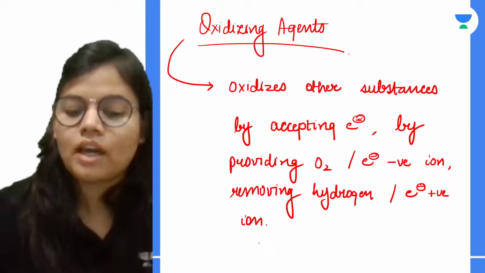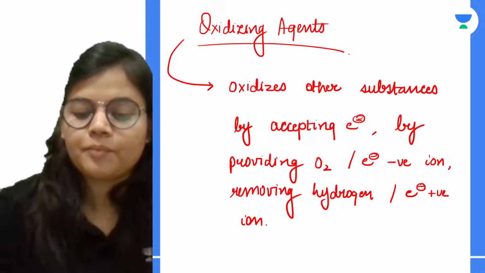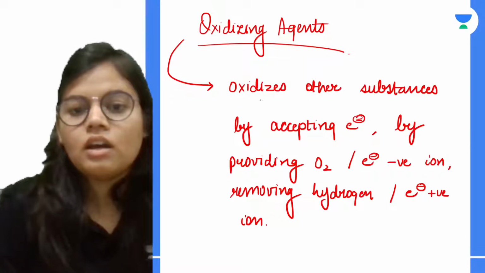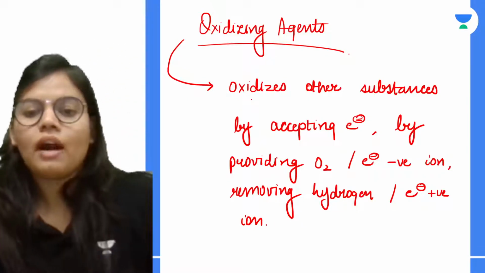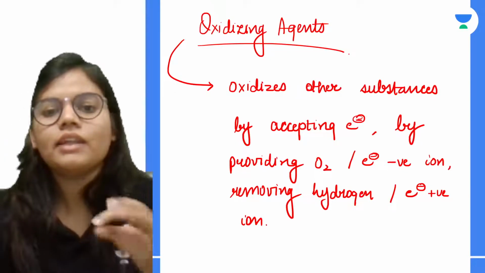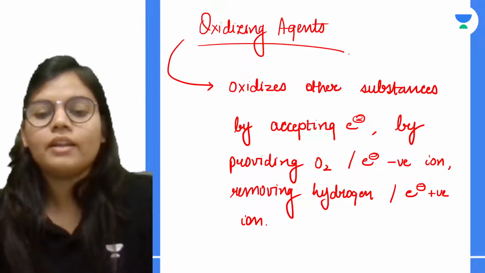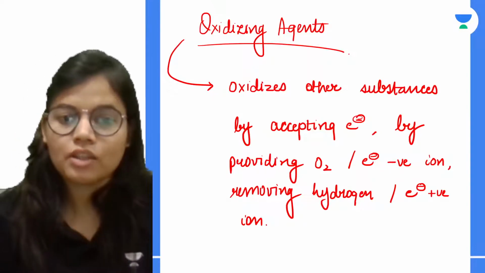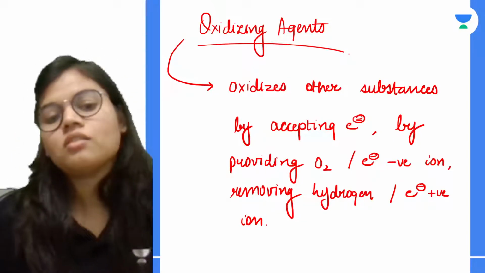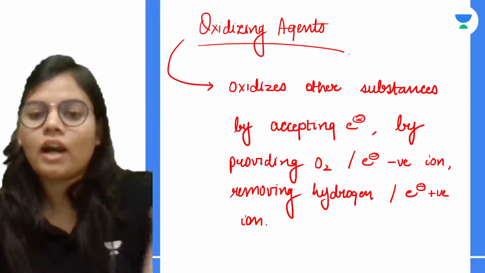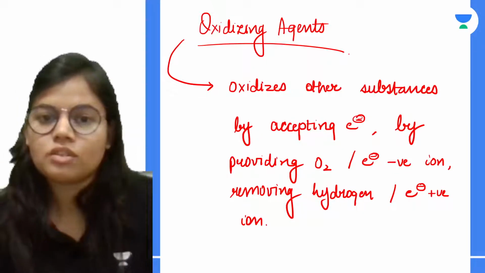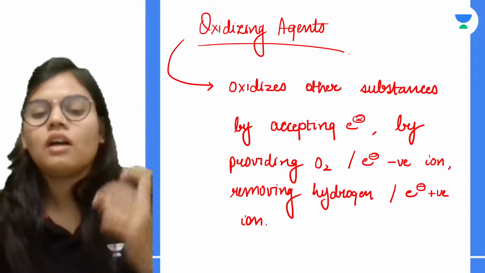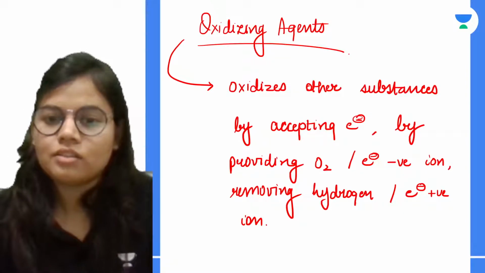Okay, how is it happening? Let us see. Basically, if I am having any element which is providing the oxygen or any electronegative ion, or which is removing hydrogen or electropositive ion, it is our oxidizing agent.